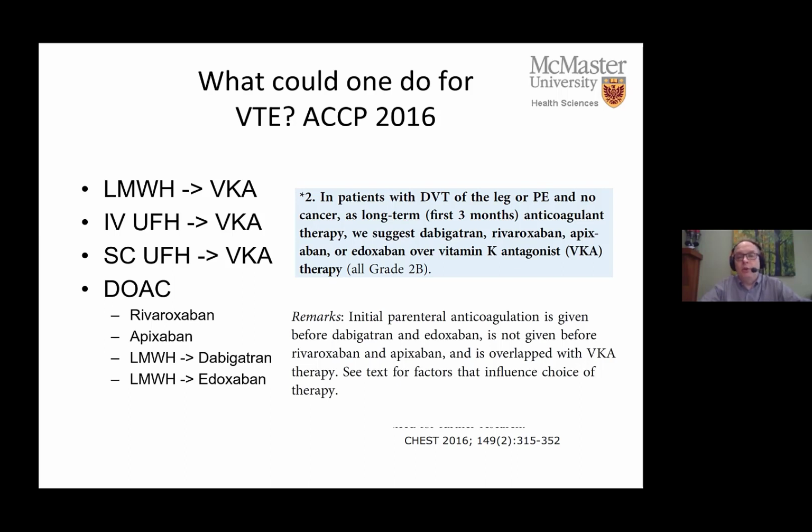You could use a low molecular weight heparin, transition to a vitamin K antagonist like warfarin, IV unfractionated heparin, transition to vitamin K antagonist, subcutaneous unfractionated heparin where appropriate formulations are available, and then the direct oral anticoagulants, rivaroxaban or apixaban by themselves, or dabigatran and edoxaban with an antecedent course of low molecular weight heparins.